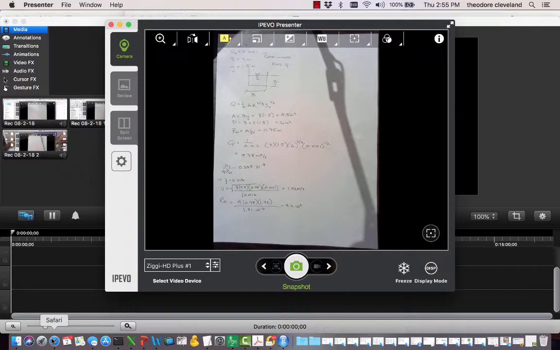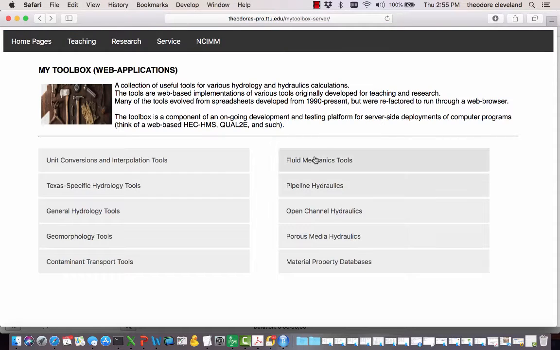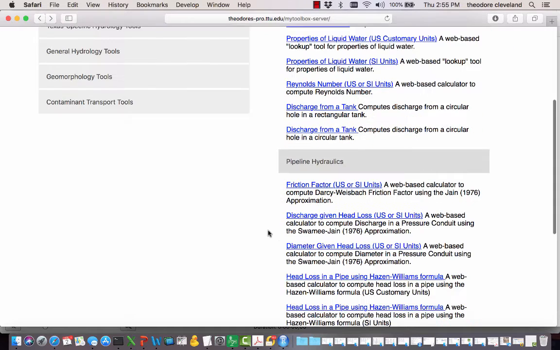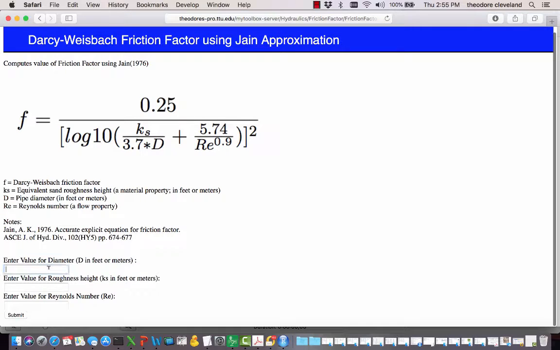We'll go back to our online calculation tools. In this case, we have Reynolds number, we need a friction factor. So friction factor needs to know the hydraulic radius, which is 4 times 0.75, the value of 3.